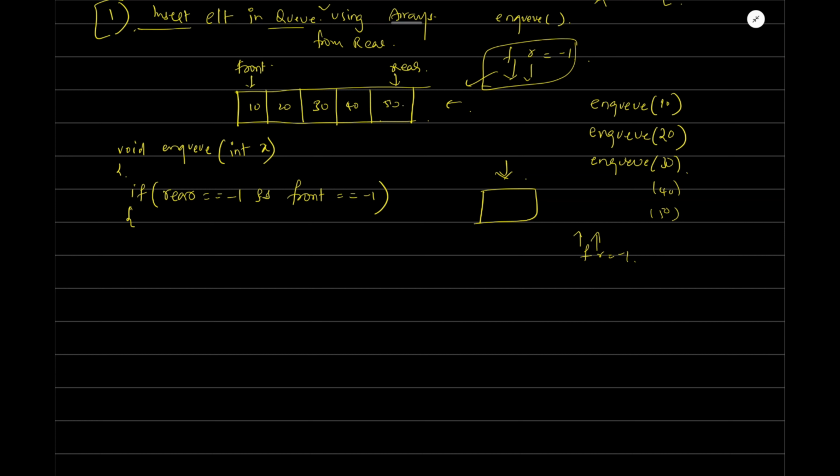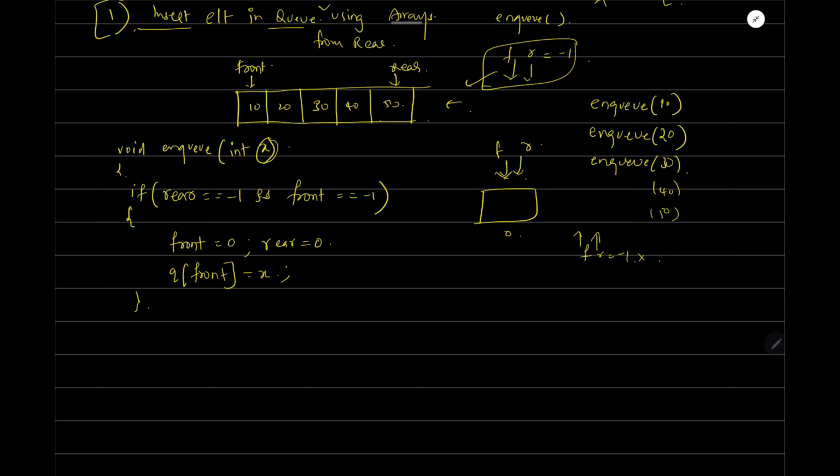So I will initialize front to 0 and also rear to 0. This is the 0 index. This is the front and rear, and queue of front is equal to the element which I am passing here. As I am passing x, I put x.